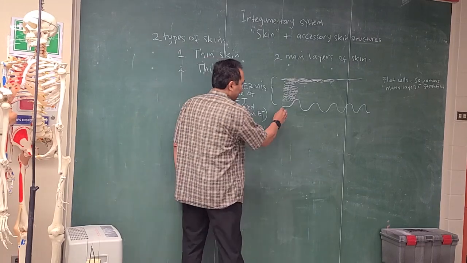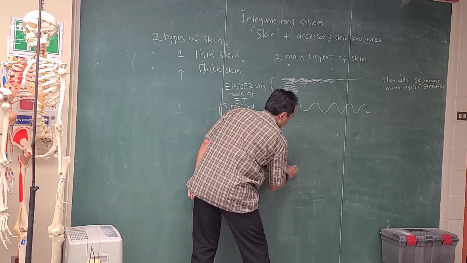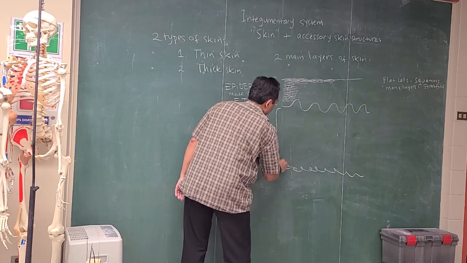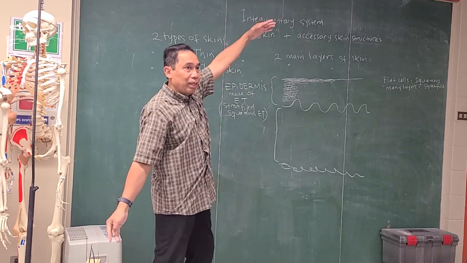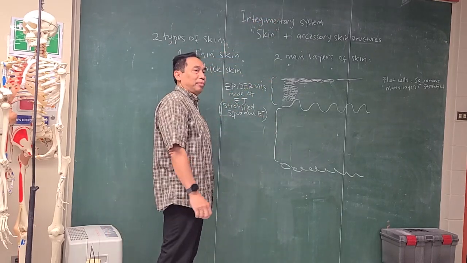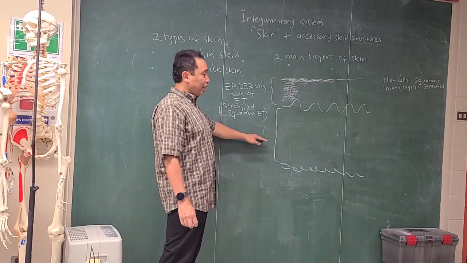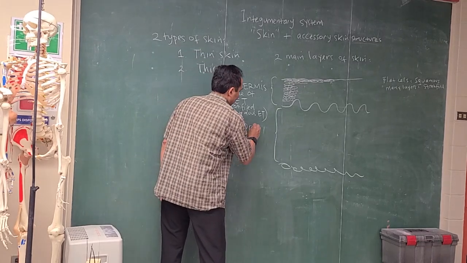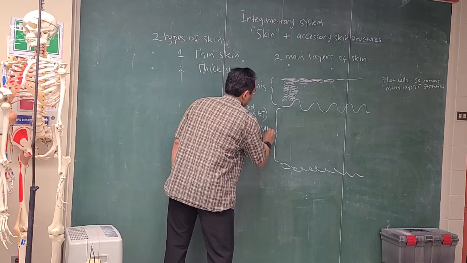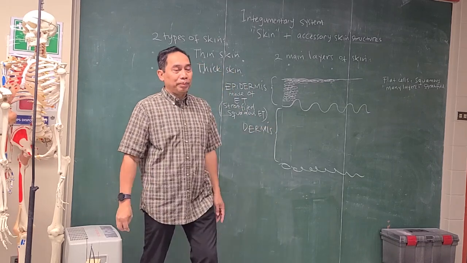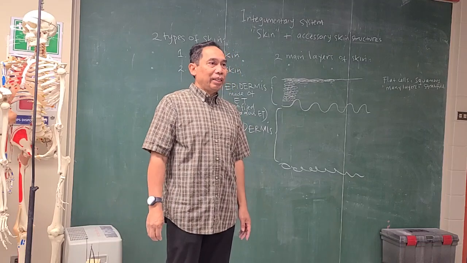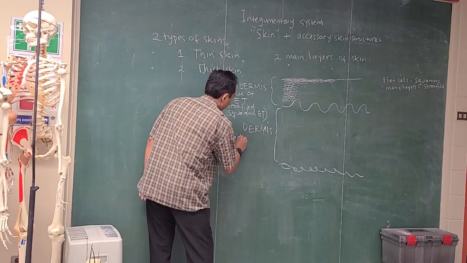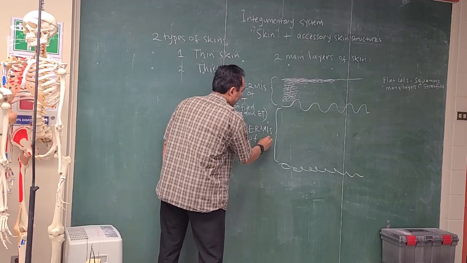Okay. The second layer, which is here, is going to be thicker than the top layer. What is the second layer called? Just dermis, which is skin. Dermis. And dermis consists of, or is made of, CT.